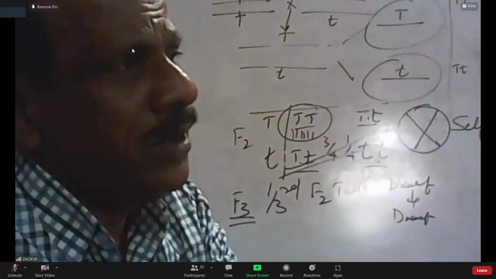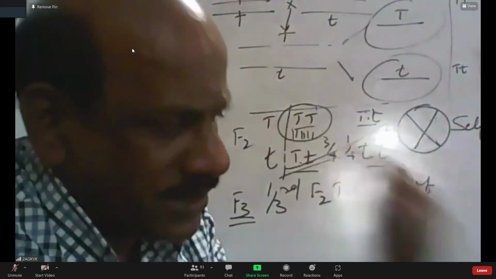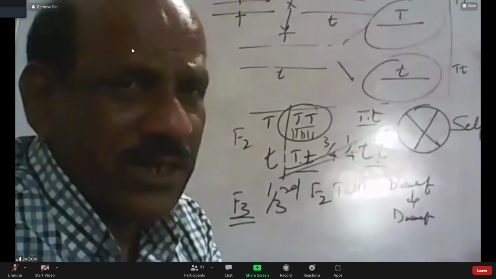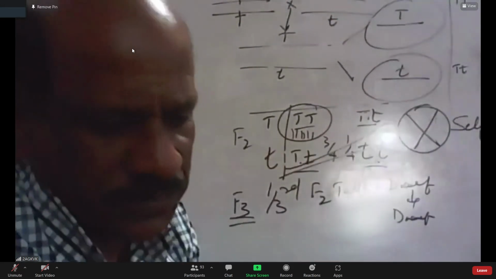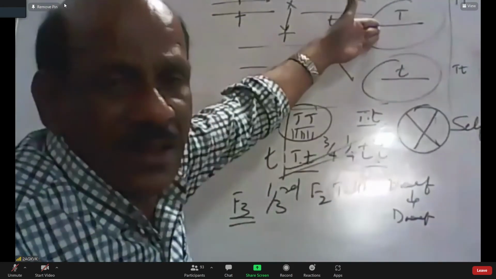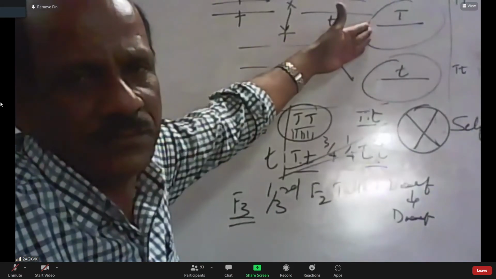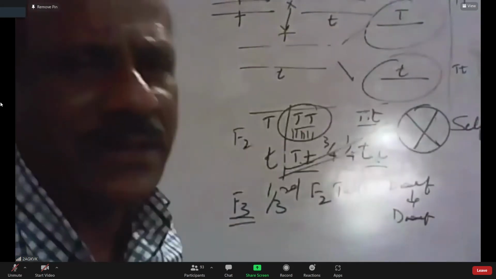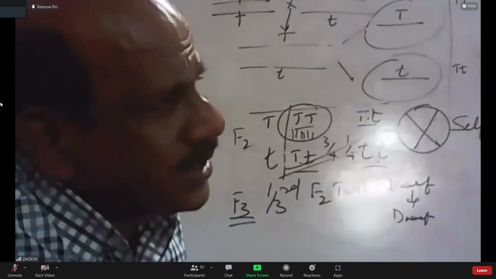In the F1, the contrasting forms of a trait stay together for one entire generation. Though they stay together for one entire generation, they do not blend with each other. Instead, they separate, disjoin, and get into different gametes. And when these gametes unite at random, you'll get a 3:1. Is it clear?